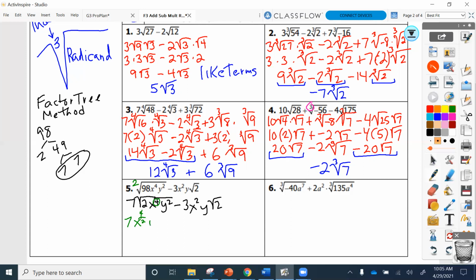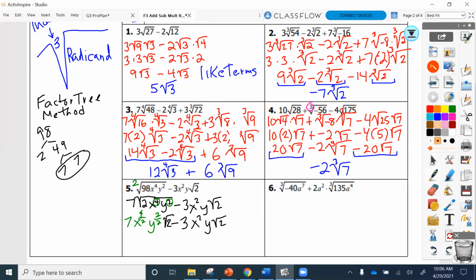And then we have y squared divided by the index. Minus 3x squared y. Nothing we can do with that root 2. What's left, though, in there is a root 2 from right here.